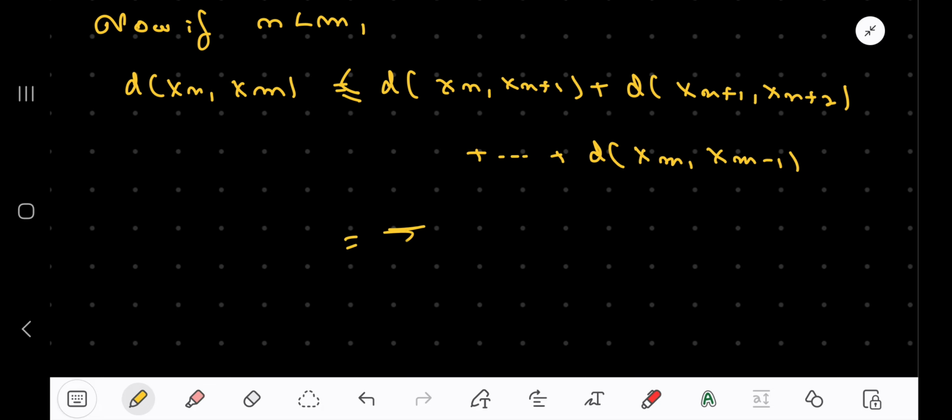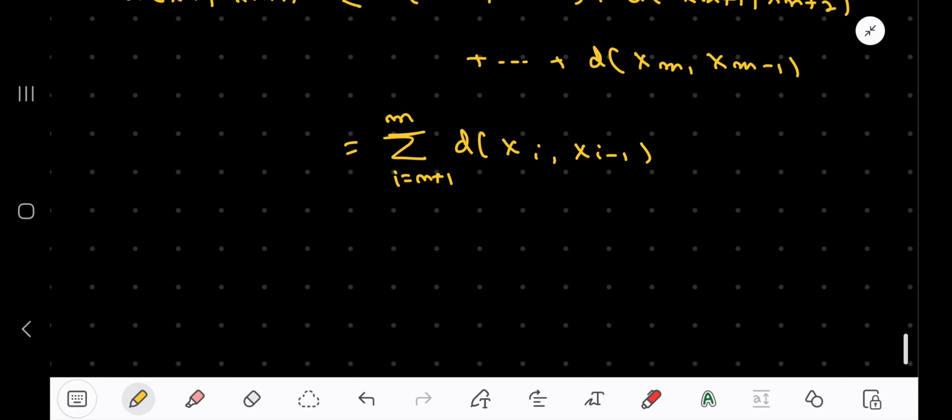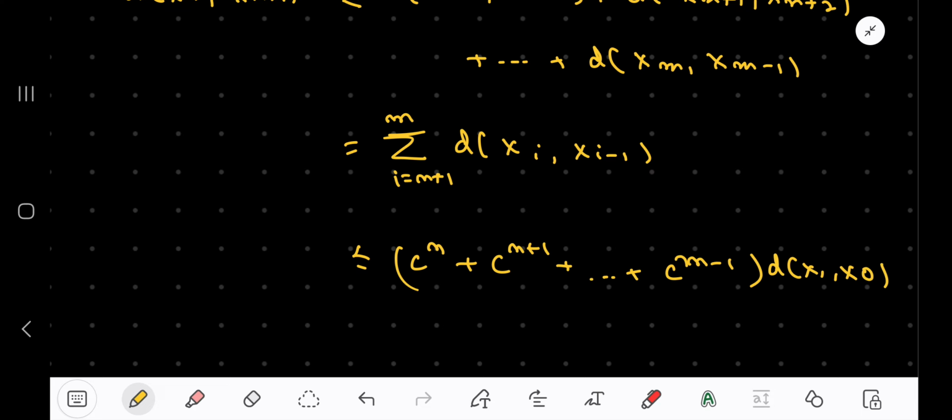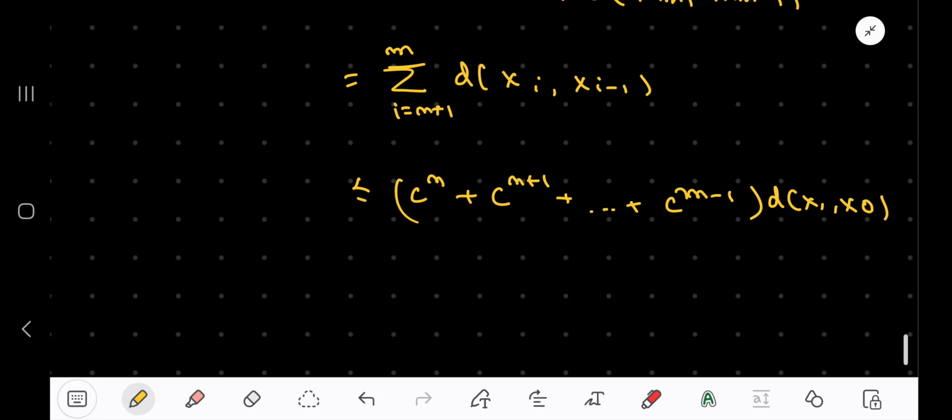So this is the summation for i equal to n+1 to m of the distance between x_i and x_{i-1}. But this was less than or equal to c to the power n, so we get c to the power n plus c to the power n+1, and so on till c to the power m-1, times d of x_1, x_0.